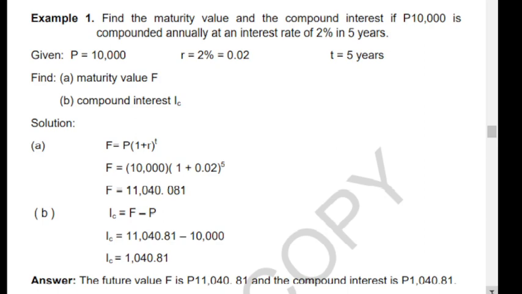Okay, so we have 10,000 for the principal, then R is 2% or 0.02, then time is 5. So to compute for the maturity value, F is equal to P quantity 1 plus R to the power of T, replacing the P with 10,000, then quantity 1 plus 0.02 exponent 5, since it is 5 years.